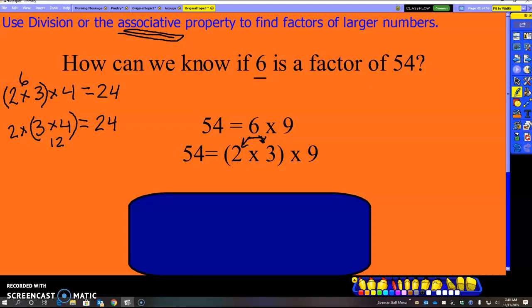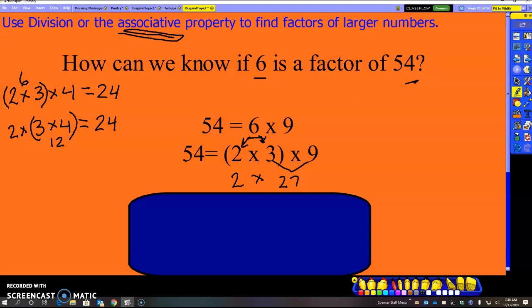That means 2 times whatever this equals, so 3 times 9 gets us 27. So we just figured out that 2 times 27 also makes 54. It's using your factors and your fast facts in a way that you're noticing these patterns.